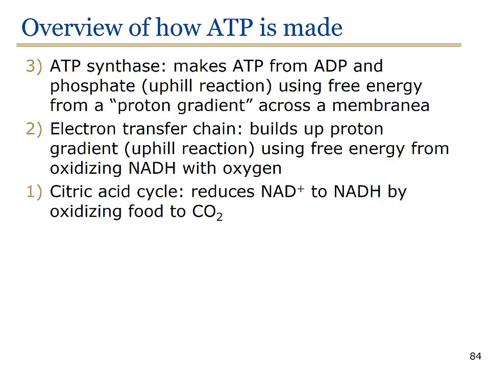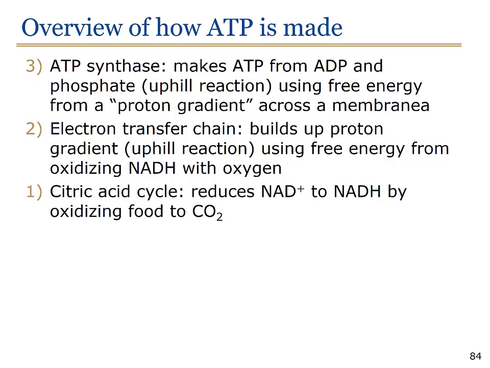So the process that makes most of the ATP is by something called the ATP synthase, and it makes ATP from ADP and phosphate. That's an uphill reaction, and it uses the free energy from a proton gradient. We'll see what that is across the membrane. So there's more protons on one side than on the other side, and that drives the synthesis of ATP.